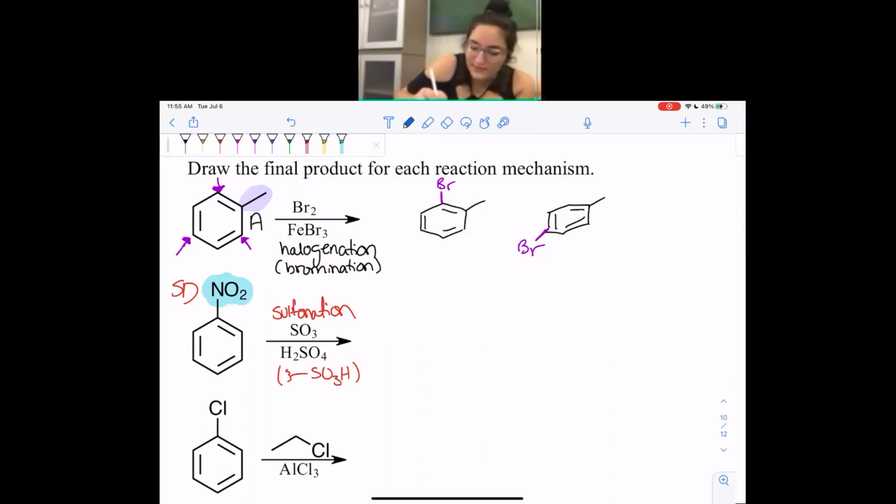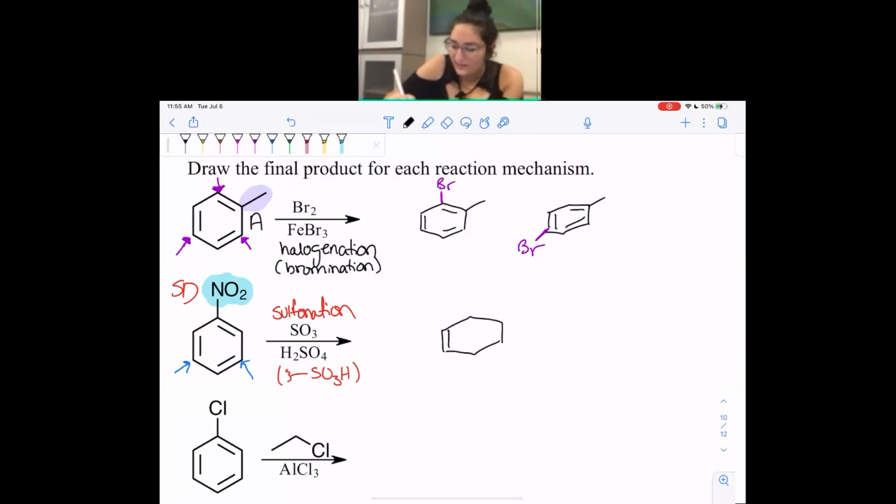Meta, awesome. So we're going to direct here and here, but our two answers would be exactly identical, so I'm just going to draw one of them out. So we get, let me be consistent with these double bonds. NO2 stays exactly the same, and we end up adding to the meta position an SO3H.